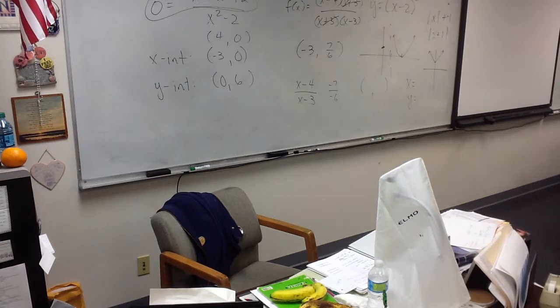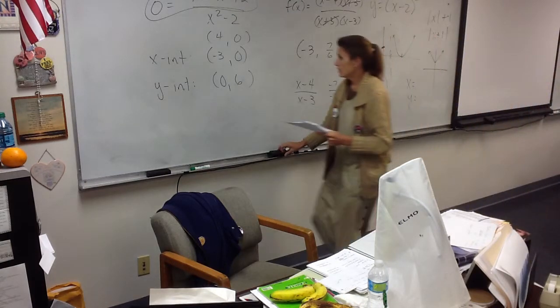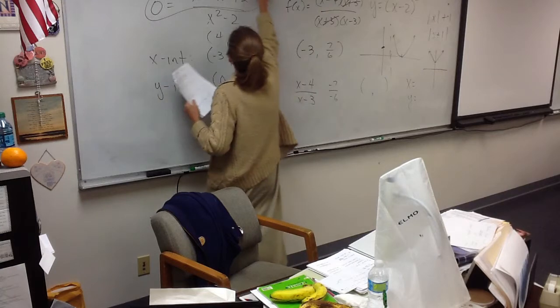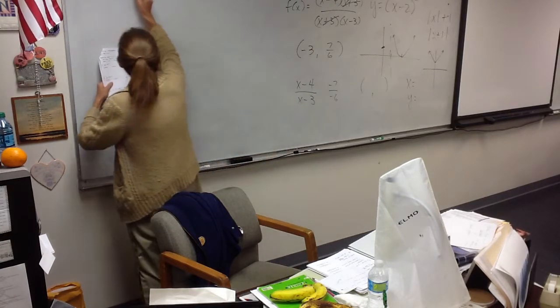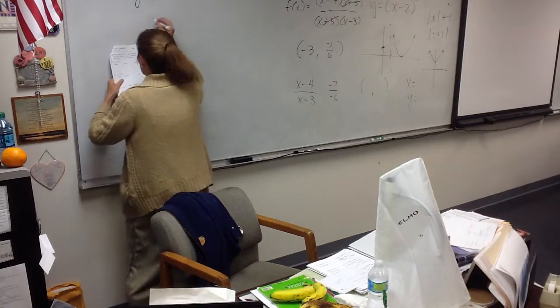It says test of symmetry at the top. All right, so here we go. Determine about which of the following we have symmetry and show your work. This requires you to remember the tests of symmetry. This is good review. Bear with me.